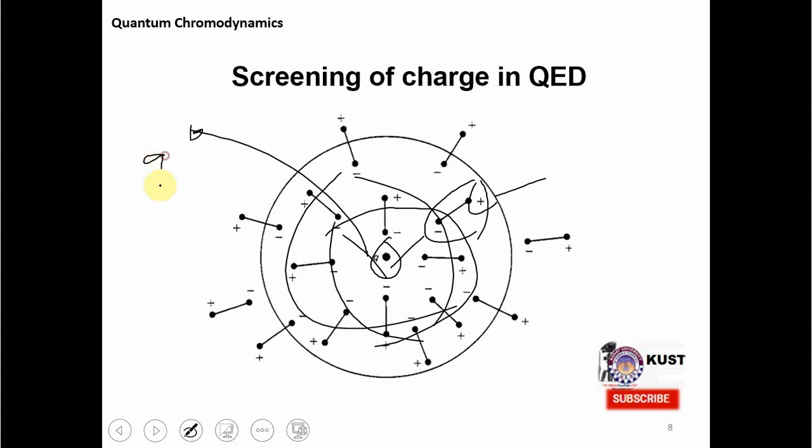So the value of the charge over here is different from the value over here. We call it the effective charge. This is the charge which is measured at very large distances, or distances outside the screening distance. Inside, somebody who is here will see the actual charge, but somebody who is here will not see the actual charge, but the effective charge. And this comes about because the dielectric medium is polarized by the presence of this charge.